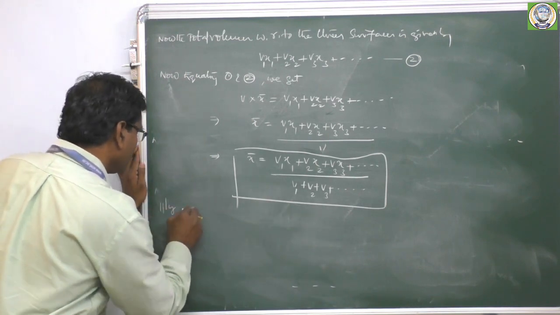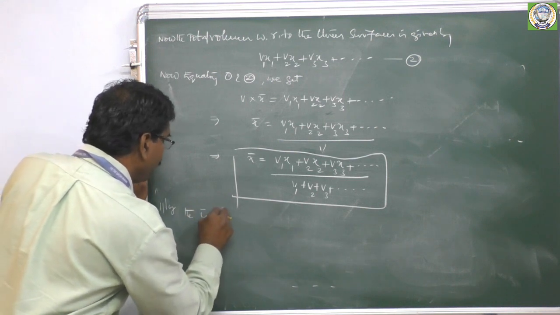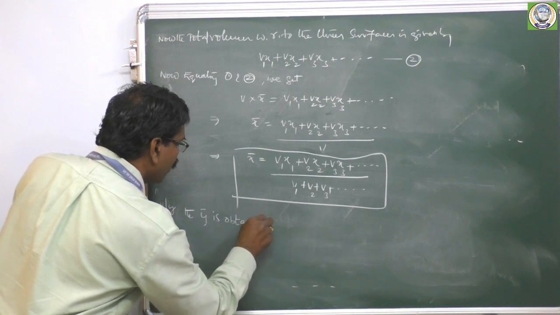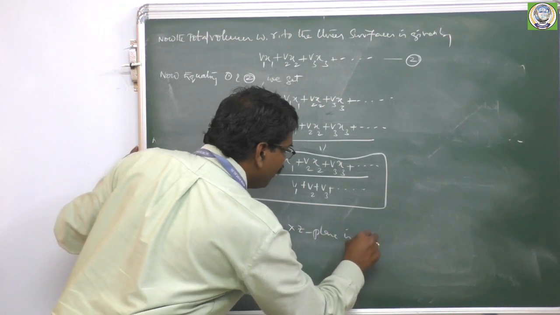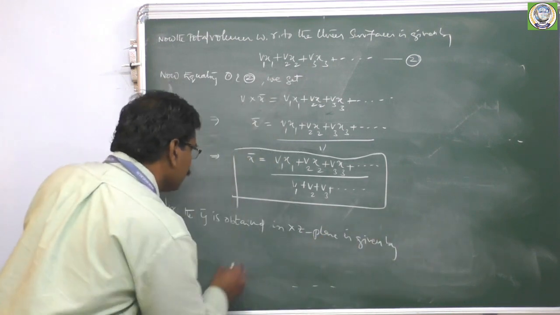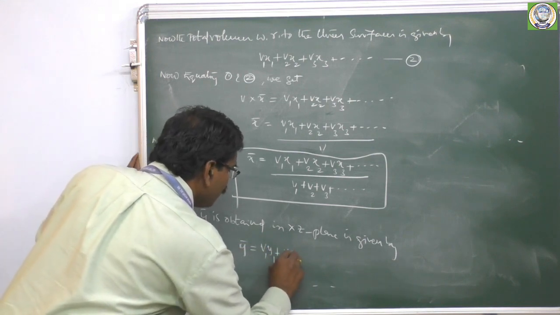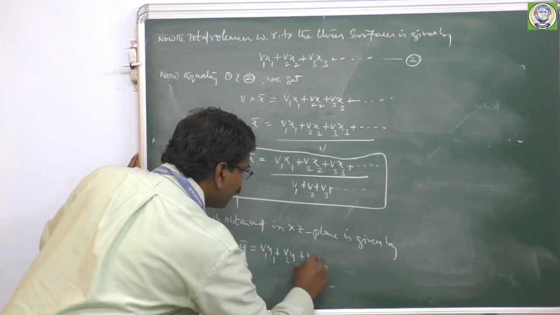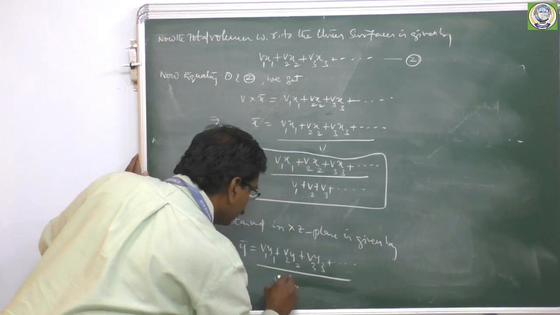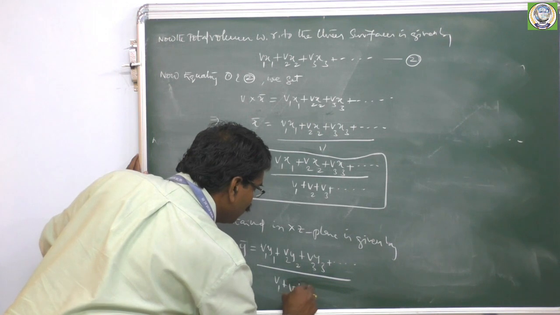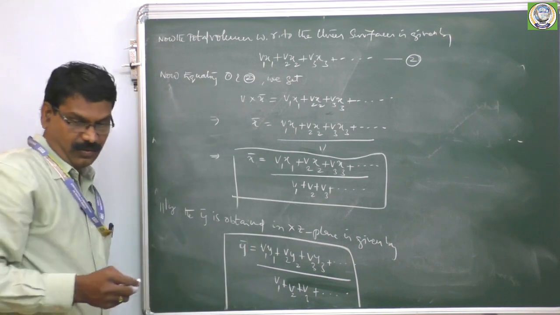The y bar obtained in the xz plane is given by y bar is equal to V1 y1 plus V2 y2 plus V3 y3 plus so on, divided by V1 plus V2 plus V3 plus so on. This is the expression for y bar.